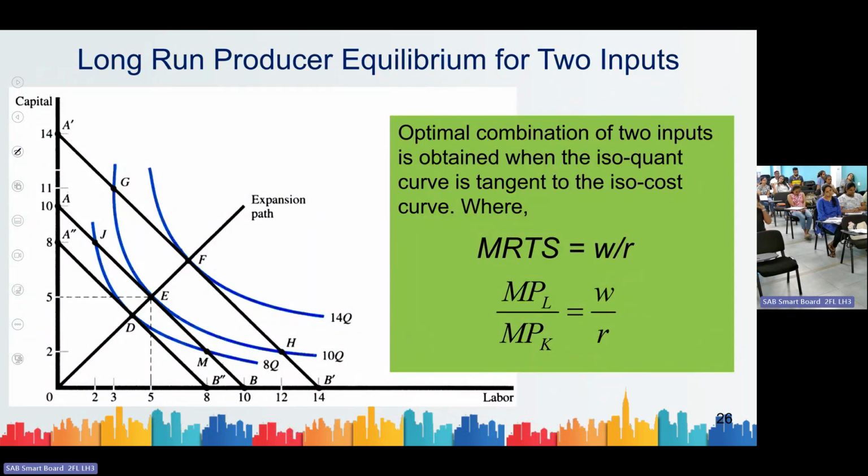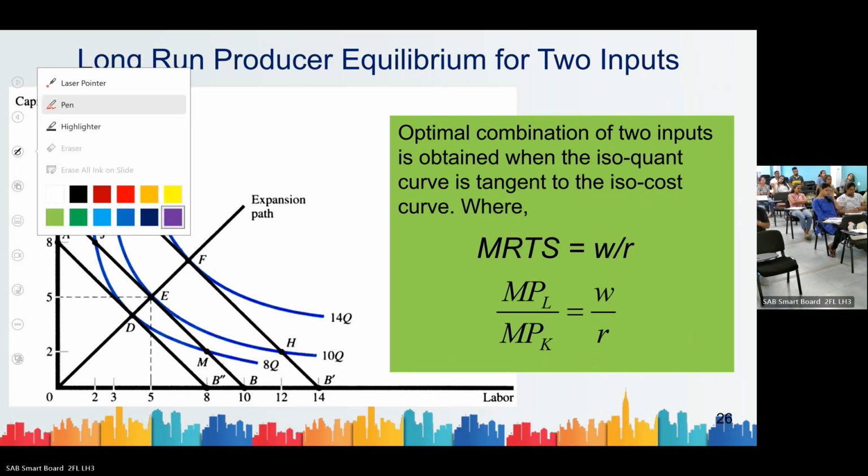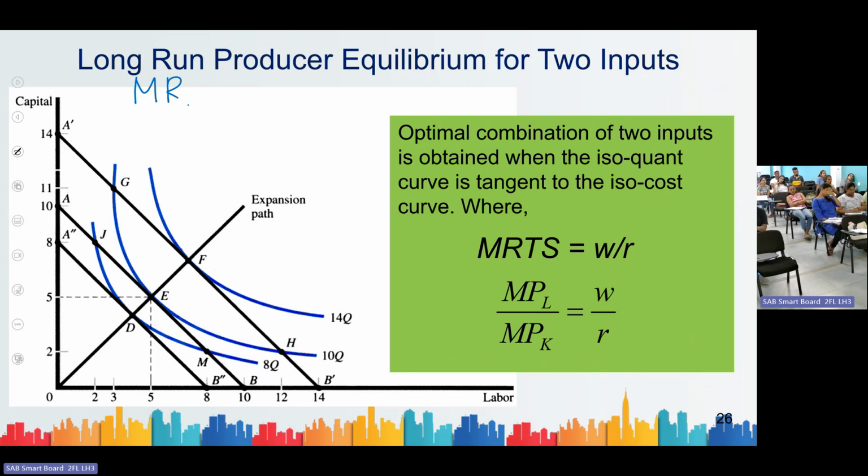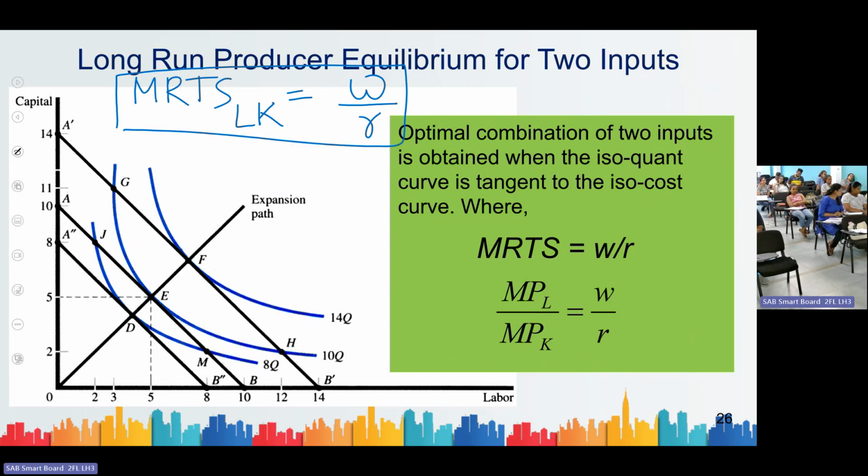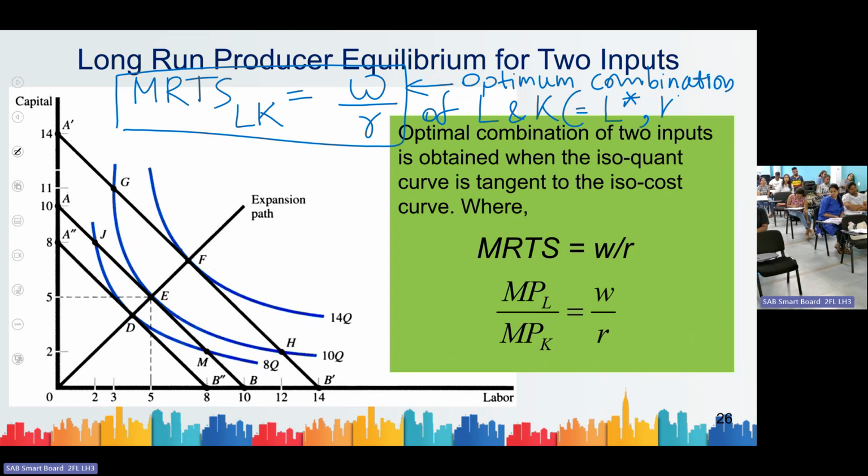It happens under the condition that the marginal rate of technical substitution of labor for capital should be equal to W over R. The optimum combination of labor and capital, that means L star and K star, is determined under this condition.